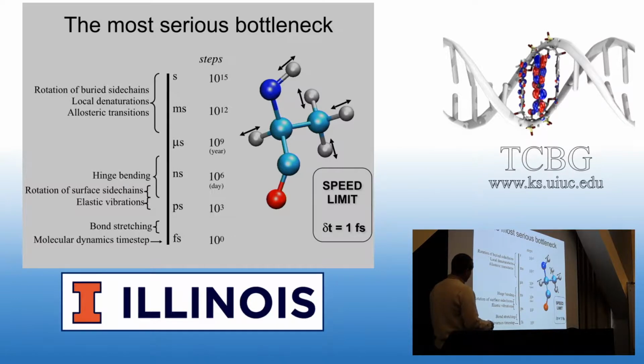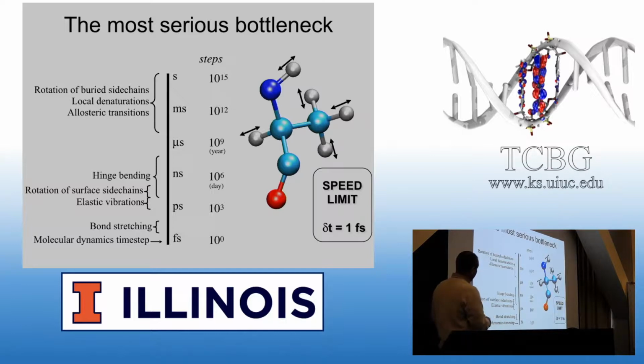But most interesting phenomena happen on much longer time scales, right? Allosteric transition, one end of the protein talking to the other end, definitely needs milliseconds of random motion to be able to see how the two ends feel the average behavior of each other on a long time scale.